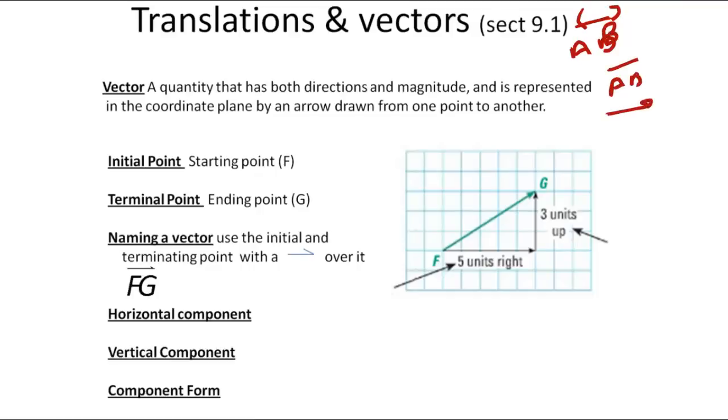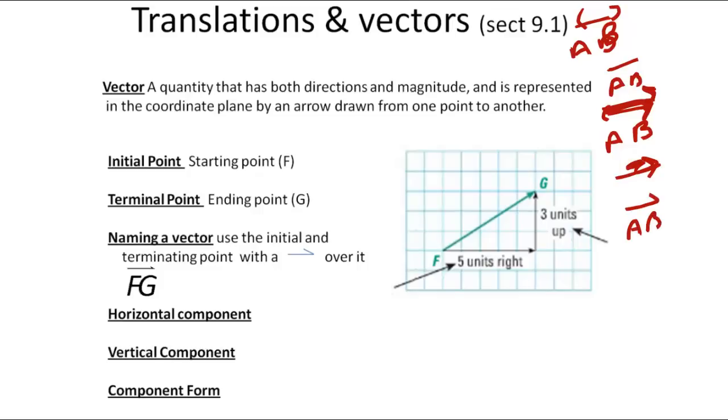If I have a ray, then it's ray AB. And finally, segment AB would just be just like that. And now we have a new one. We now have our vector, which is just one arrow going up, vector AB.